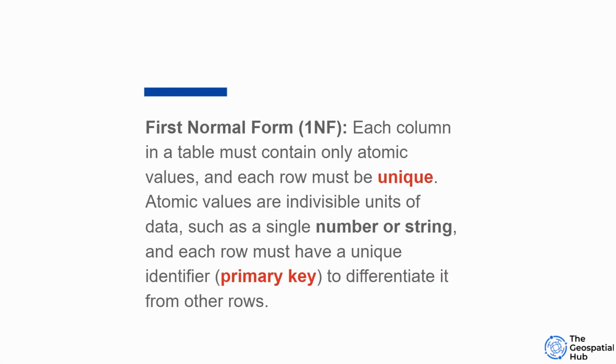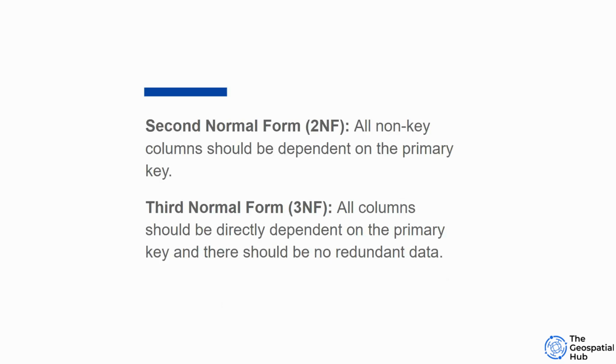Another integrity rule is that each row must have a unique identifier. We must have a unique way to identify each row to differentiate it from other rows, and this is known as the primary key. We'll be talking about this shortly. Also, the primary key must not be null, but other fields in the table could be null. The primary key must never be null.